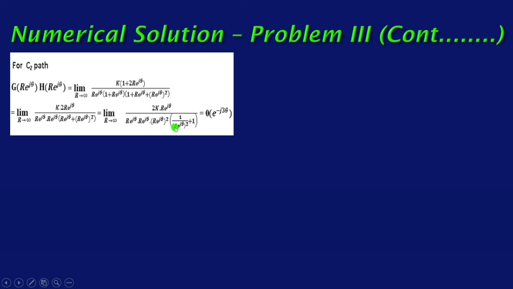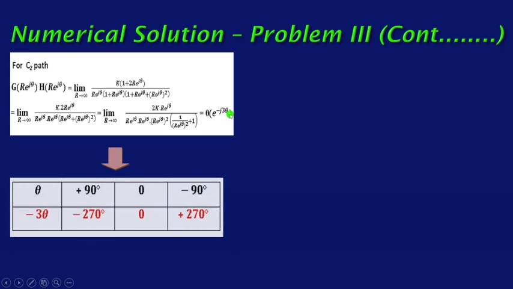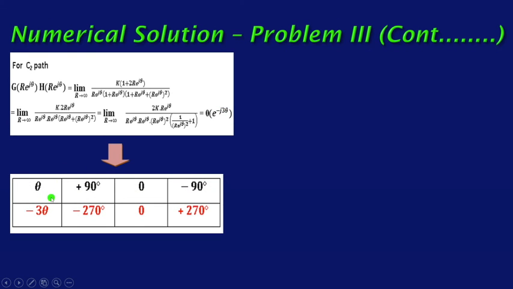If R tends to infinity, this part is 0. So the result is magnitude 0 and phase angle minus 3 theta. Theta always varies from plus 90 to 0 to minus 90, so minus 3 theta gives minus 270 degrees, 0 degrees, plus 270 degrees.